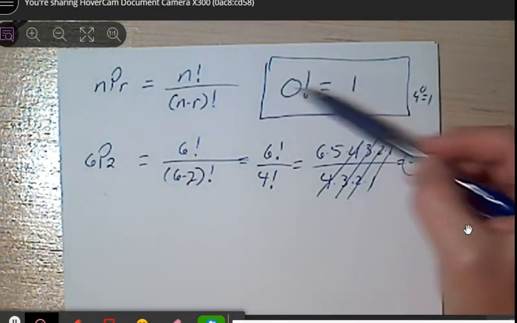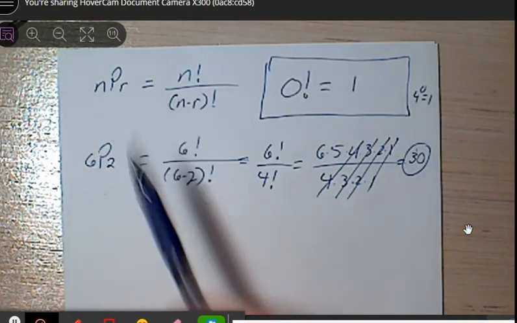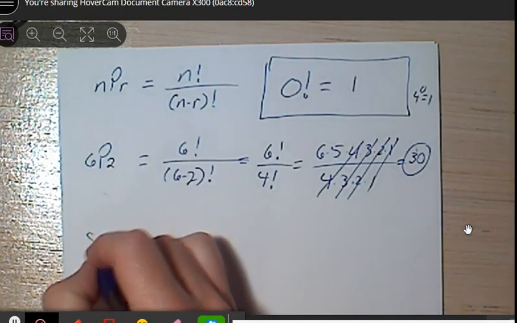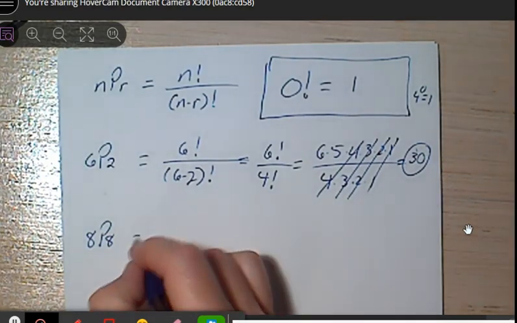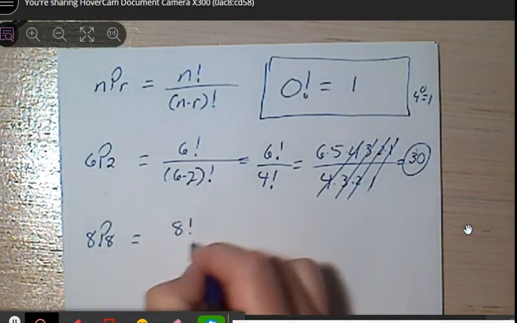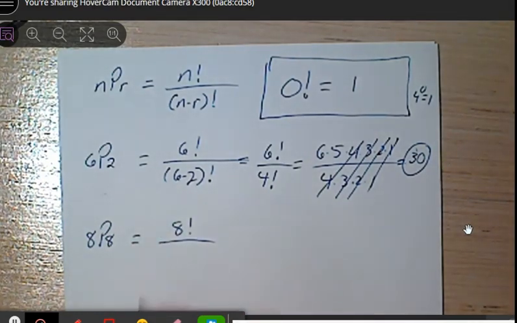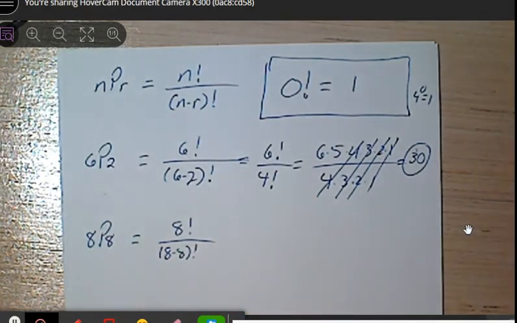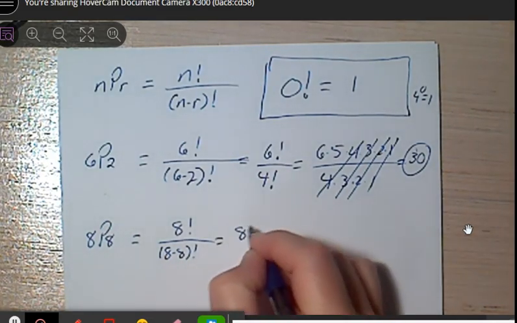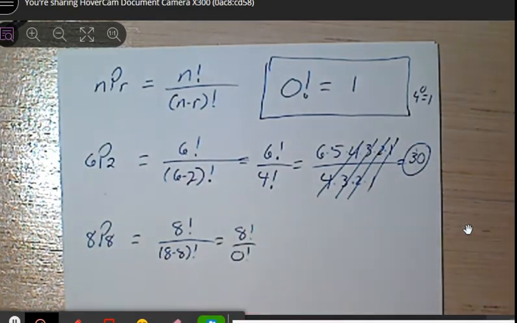If you were doing, let's say, 8P8 or something like that, well, that would be 8 factorial over 8 minus 8 factorial, which would get you this. So this is one of those things that if you don't set it, if this winds up being 0, this would make an undefined number, which means it wouldn't be possible.